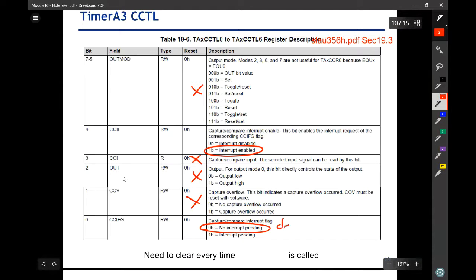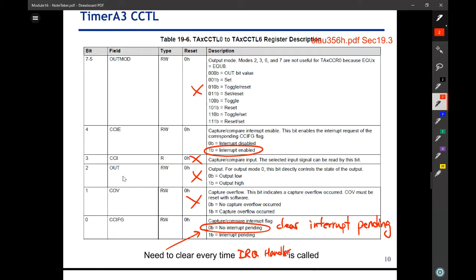Okay, that clears interrupt pending. And this is very important because you need to clear this bit every time the IRQ handler is called, right?